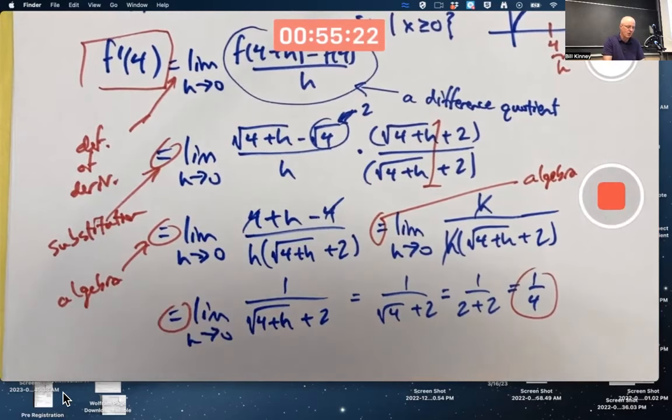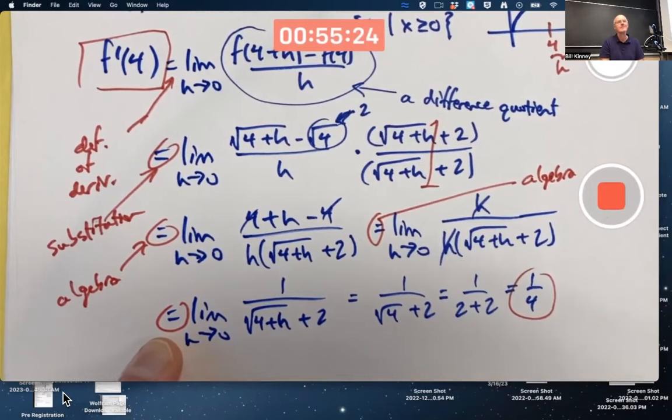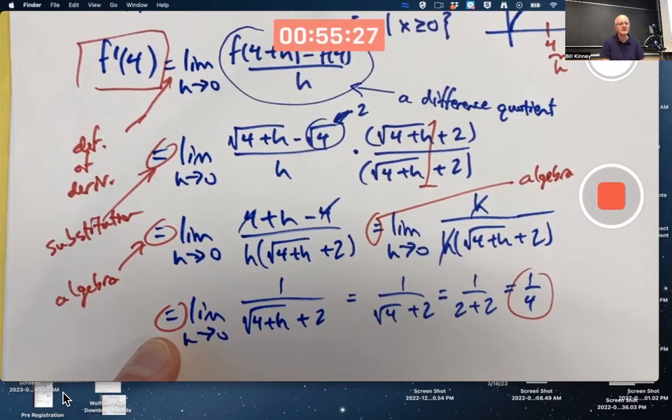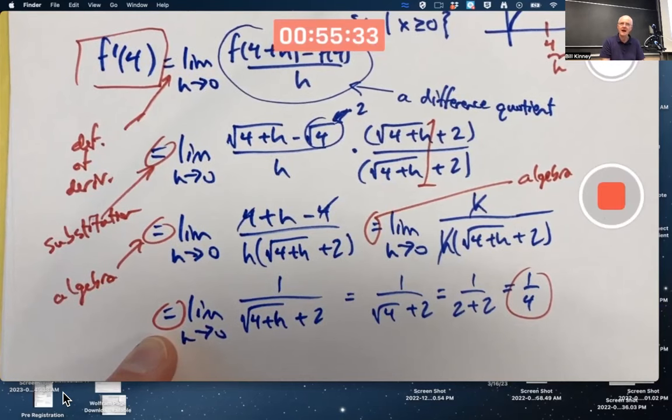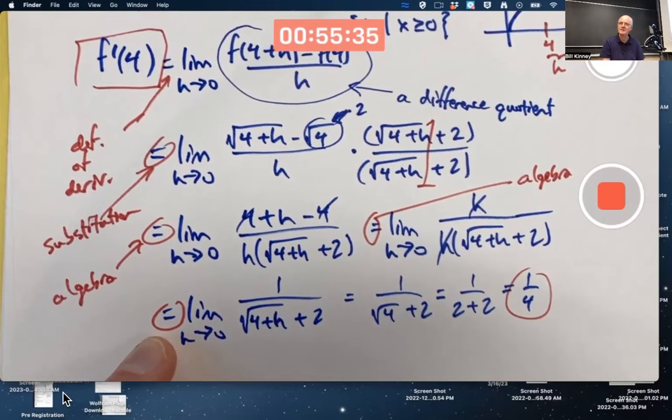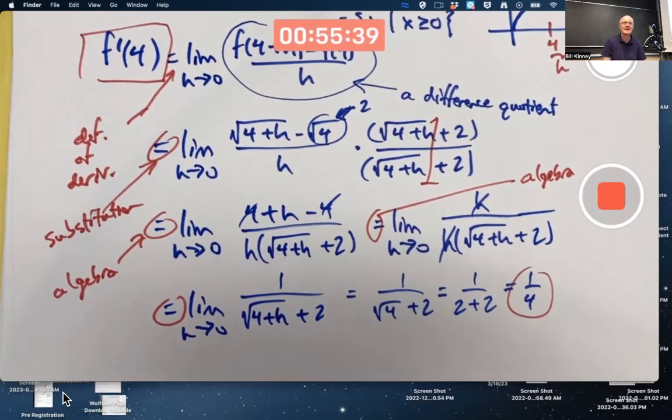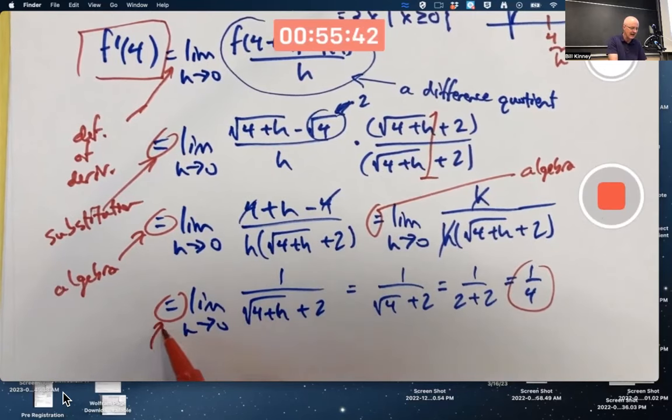This equation is more significant, more than just algebra. You could say it's algebra along with the fact that, technically speaking, the value of the limit is independent of what happens to these functions at h equals 0. That's kind of a long-winded thing to say. I'll allow you to say definition of limit for short.